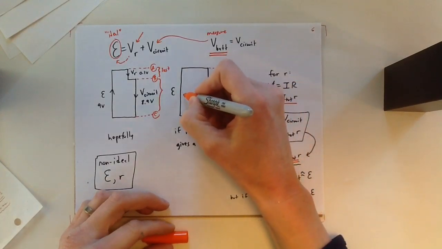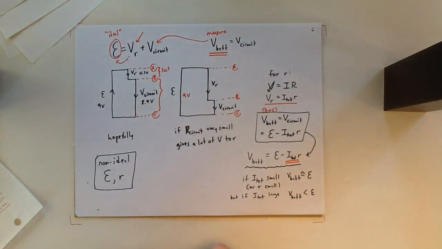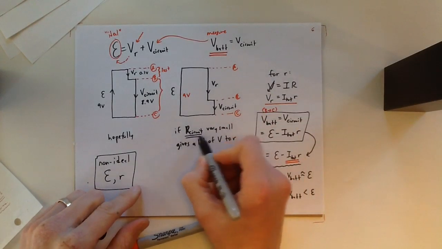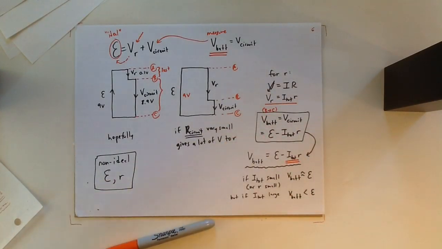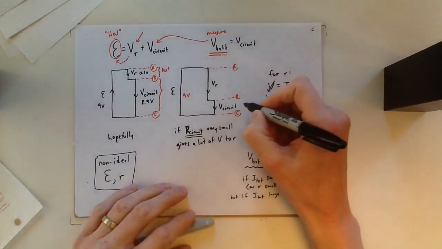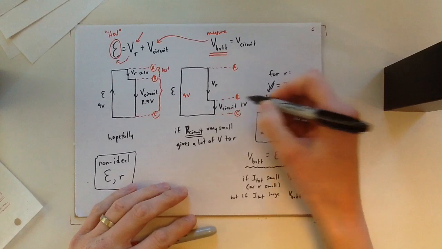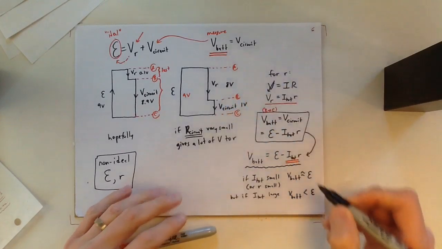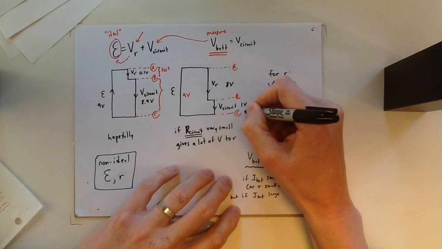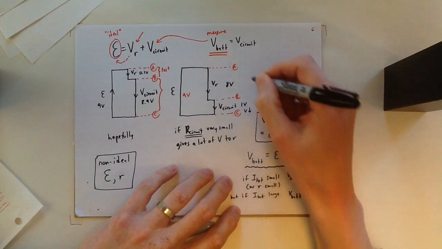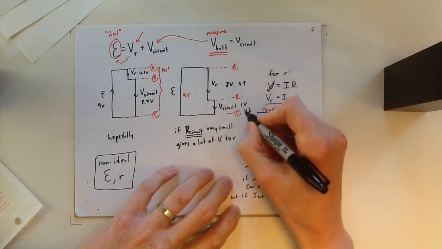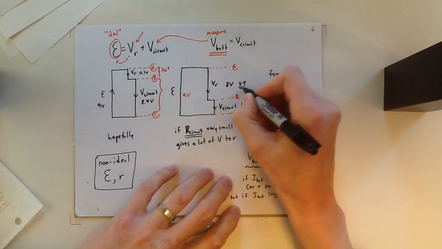Maybe this is 9 volts again, but maybe you are plugging in some circuit that's really, really small resistance. And if that's the case, this might drop to, I don't know, 1 volt. And this might be 8 volts over here. So again, this is decreasing its voltage, and it's giving up to others, right? So less voltage over here, more over here.